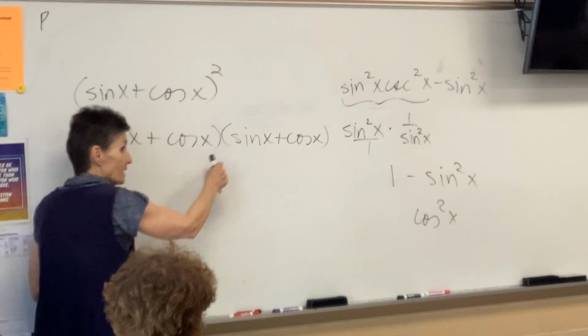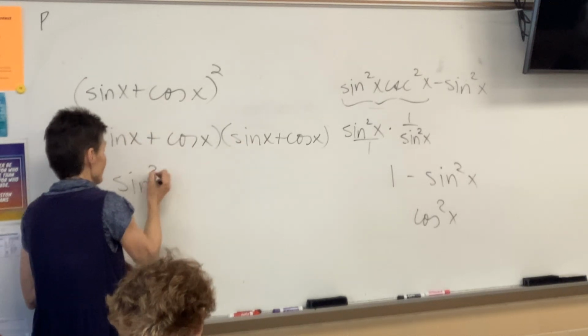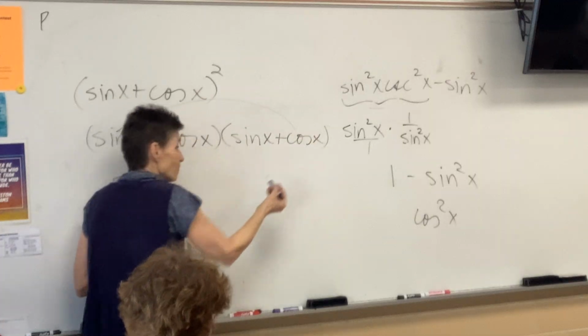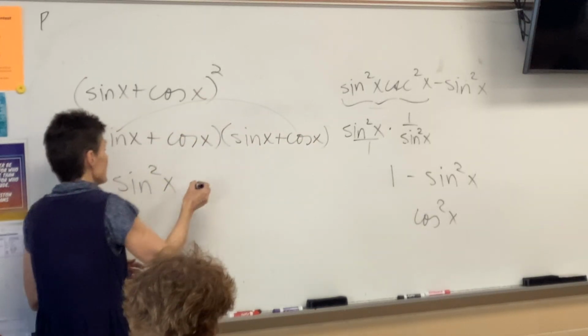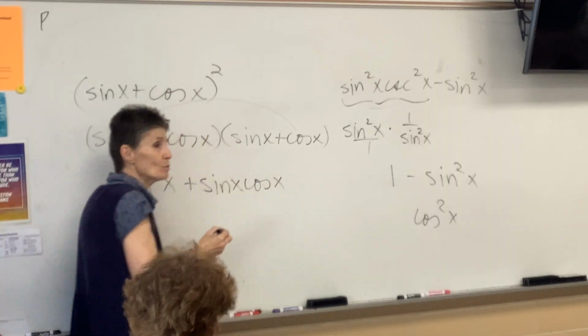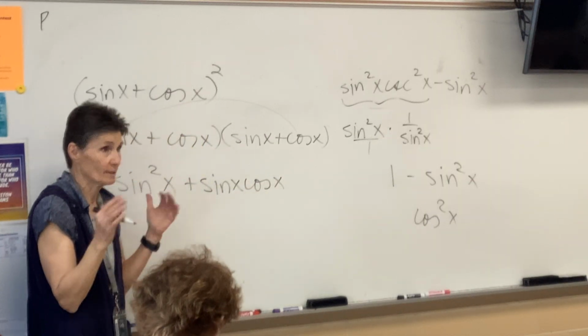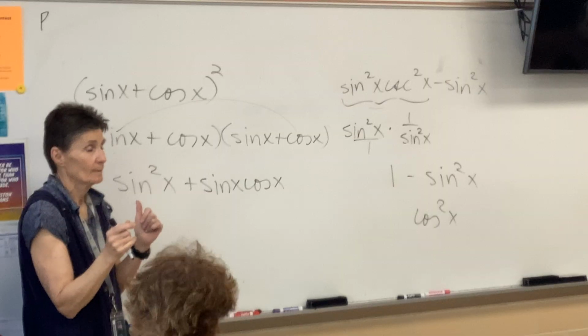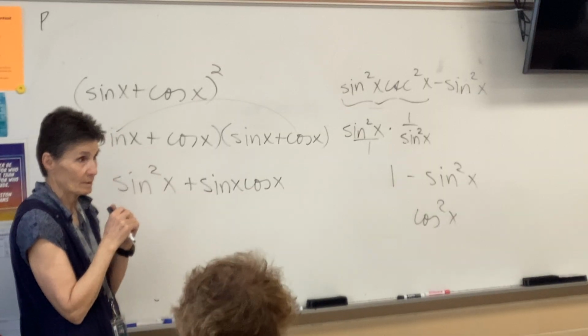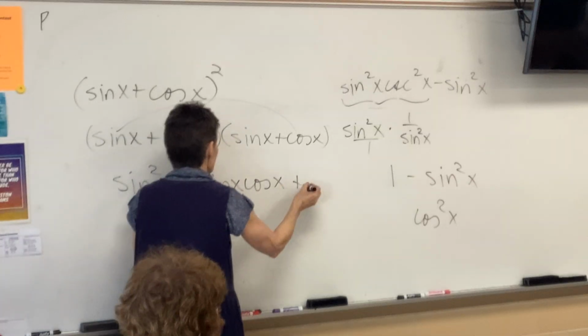So here we go. Sine times sine is sine squared. Outsides, I'm foiling, sine times cosine. Sine times cosine is nothing special. It's just sine times cosine. They only cancel when they're reciprocals of each other. All right, so what's on the inside?